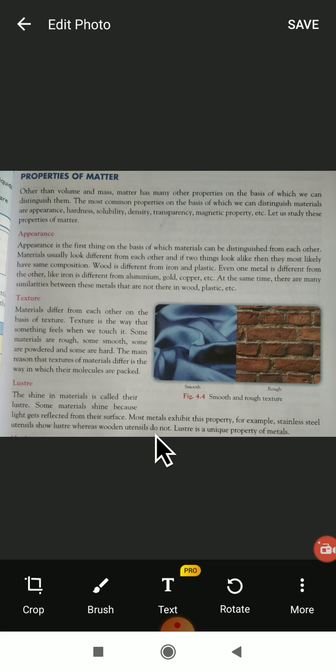They have a shiny nature. Luster is a unique property of metals. The main property of a metal is the luster, the shiny nature. I hope you understood these three properties. First one is the appearance, next one is the texture, next one is the luster.